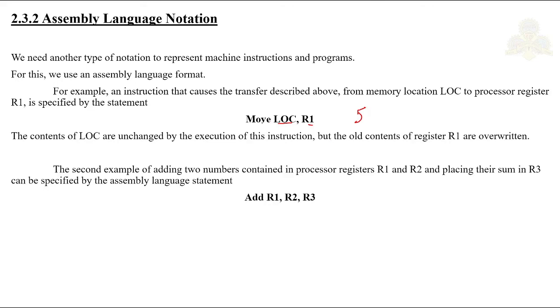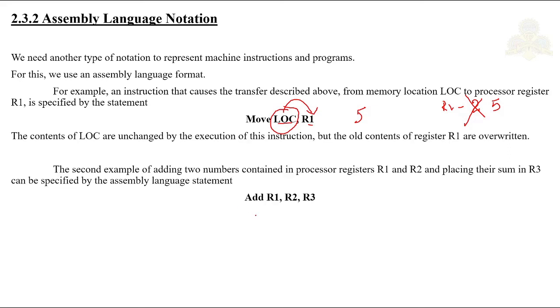When this instruction is executed, the contents of LOC will be transferred to R1. And say suppose R1 previously was containing a value 2. Once this instruction is executed, this 2 will be overwritten with a new value 5. Remember, the location content is unchanged, only the R1 value would be overwritten.